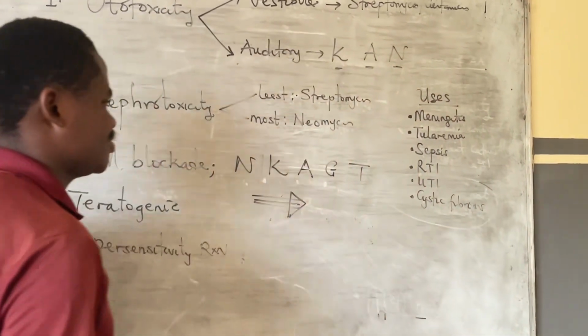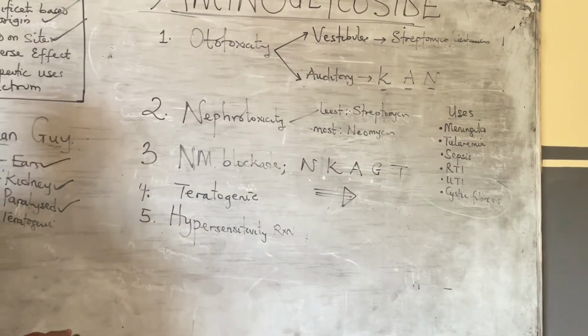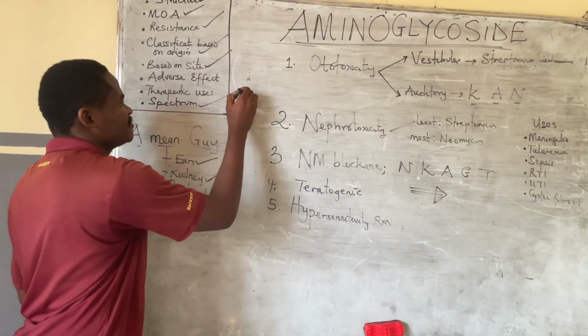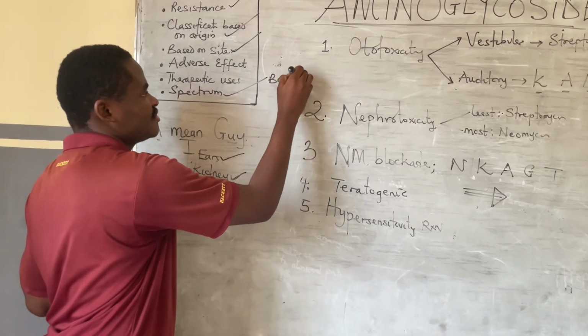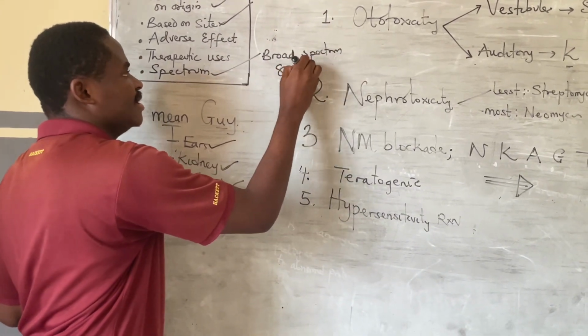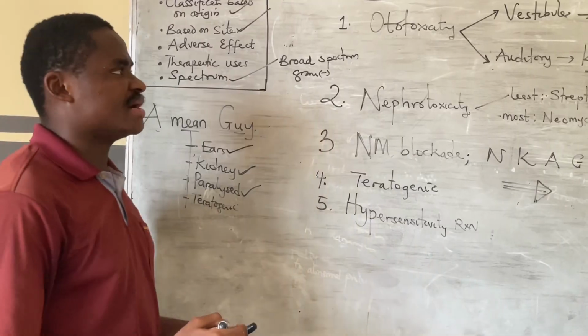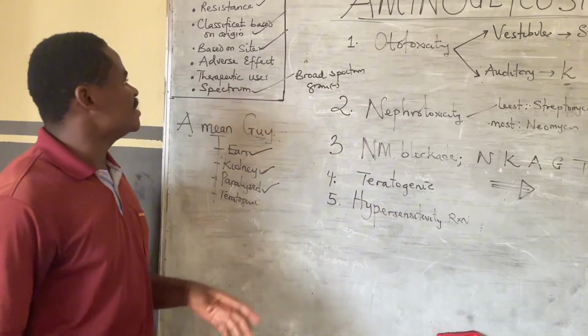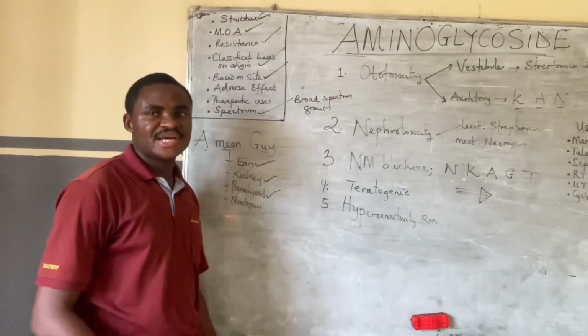The list is so much there. Then what about spectrum? It is broad spectrum, but more effective against gram negative. All right, so with this, we have talked about aminoglycosides at a glance.